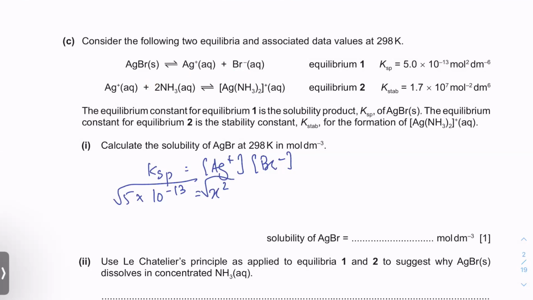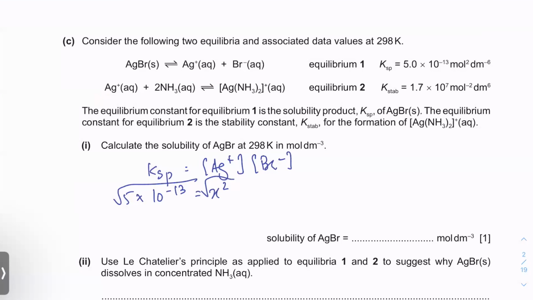So more of the complex is made, and this is going to be reduced, because if this increases, it goes this way to reduce it, so this gets used up. And when this is reduced, the equilibrium is going to shift forward to increase it. So more silver ion is going to be made, and that is going to be used to make more of the complex.